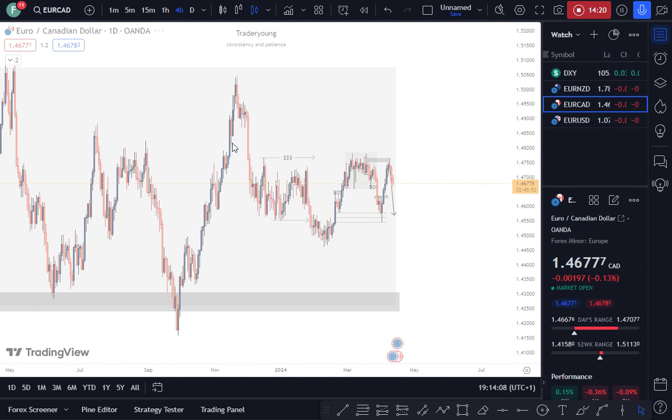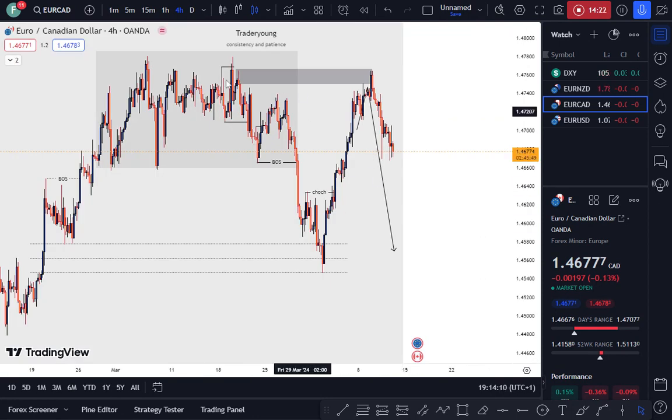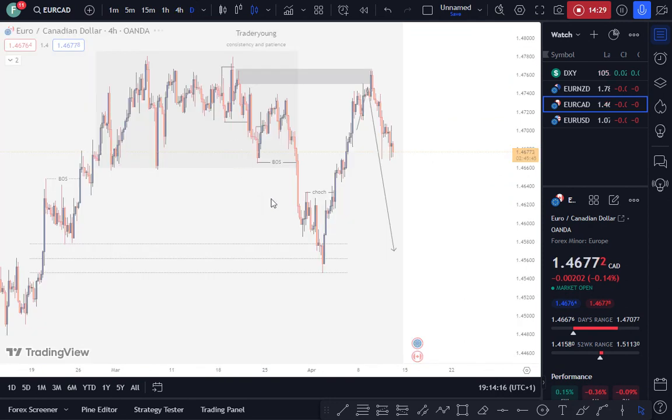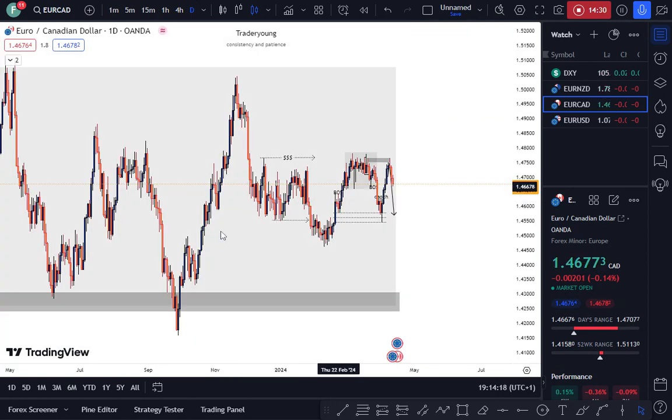On the 4 hours, you can see we had price come back to this institutional reference point. This is on the daily time frame, let me just go back to the daily. Yeah, so we had this liquidity resting here. Price came, took it out, and changed character to the downside on the 4 hours.